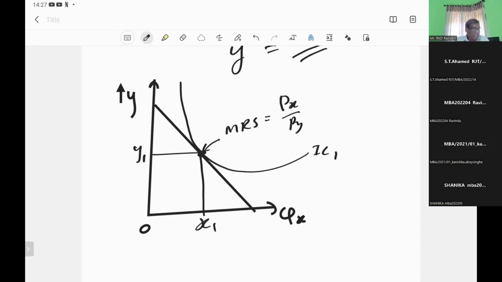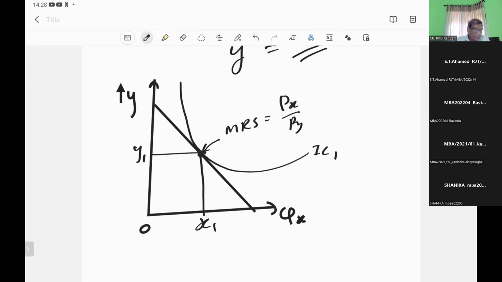Now we discuss the consumer equilibrium point. This consumer equilibrium can be changed due to two reasons. One is change in the income of the consumer, right? The other is change in the price level of the commodity. These are the reasons that affect the equilibrium level, right?